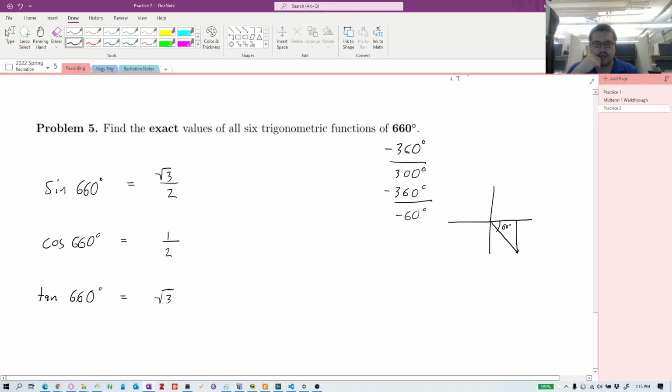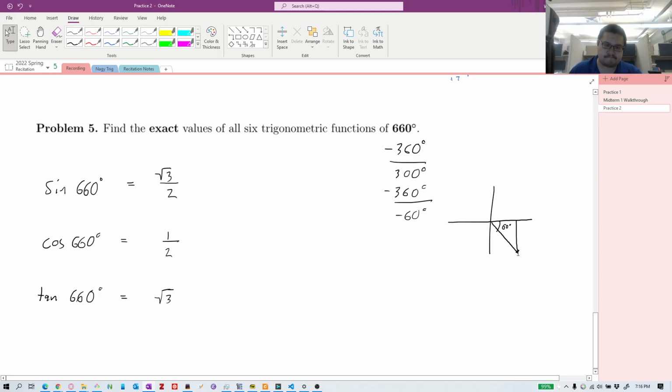Okay. Now, this is almost correct, because we were thinking of 60 degrees, not the actual angle, the negative 60. So now we need to think about which of these functions ends up being negative.